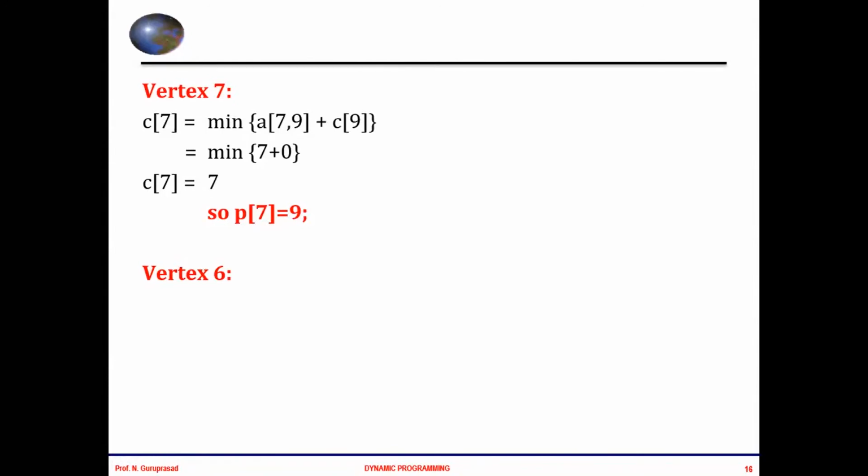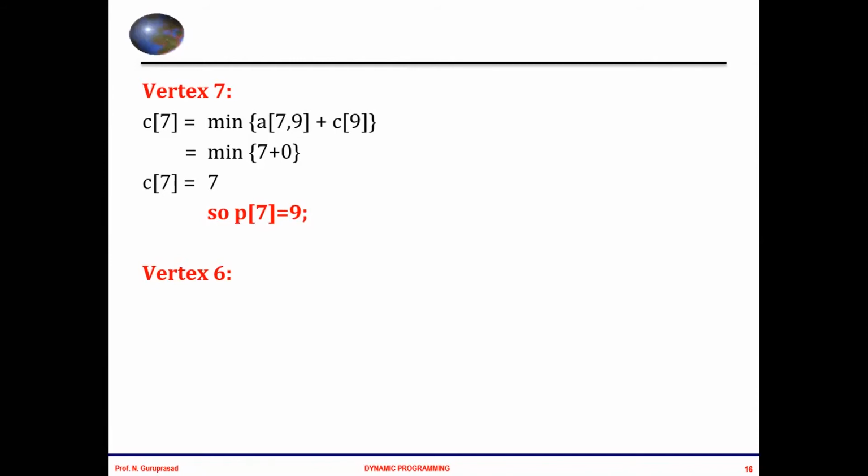Look at vertex 6. Now, vertex 6 goes to vertex 8 as well as vertex 7. Vertex 6 has got two out degrees. One is going to vertex 7 and one is going to vertex 8. Please understand.